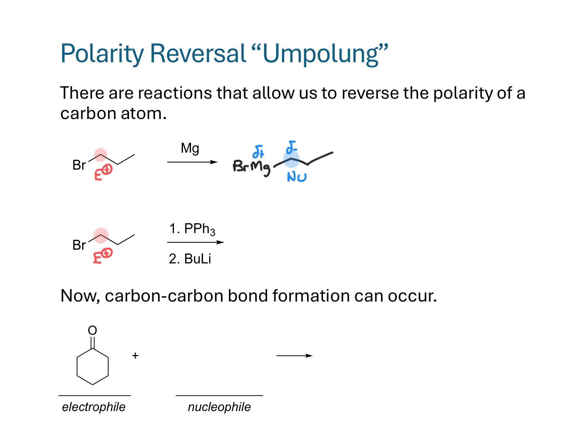If we turn that into a Wittig reagent by adding triphenylphosphine, which first gives us this, followed by butyllithium, which will just deprotonate that carbon, now we see the negative charge on the carbon, therefore it's nucleophilic.